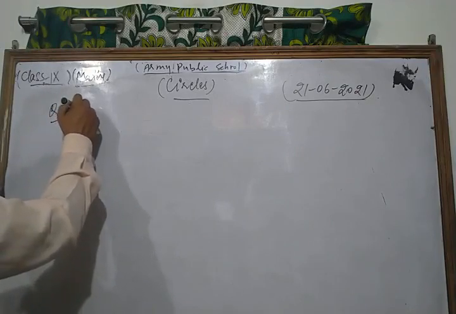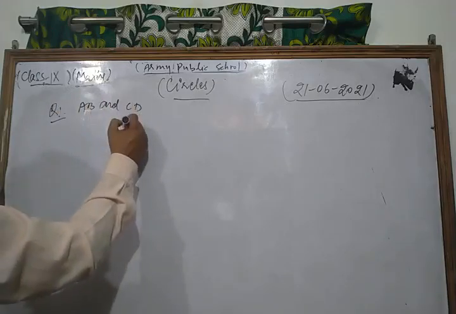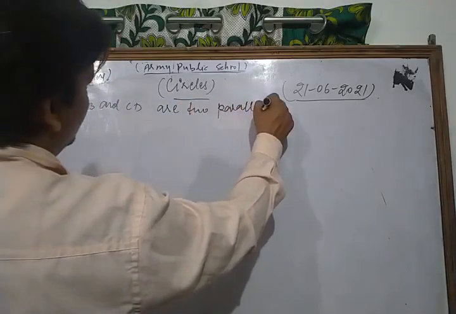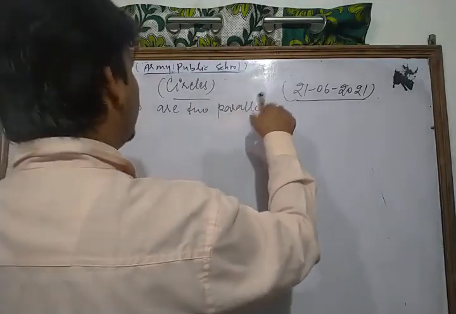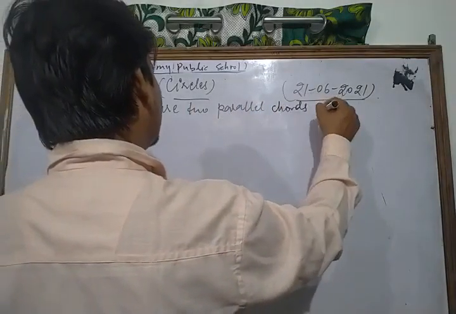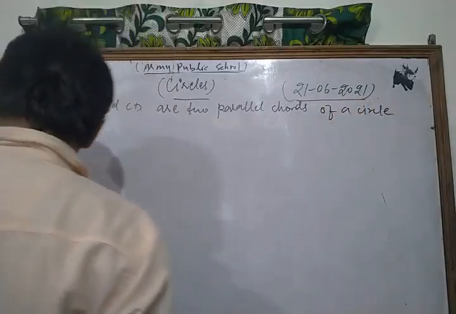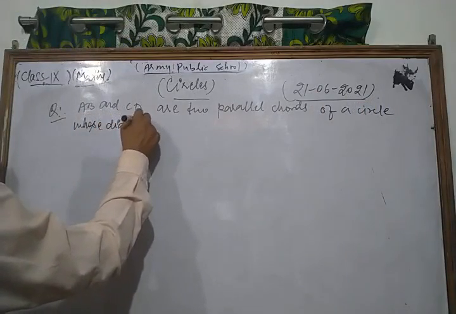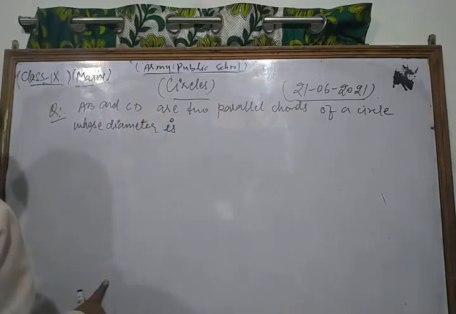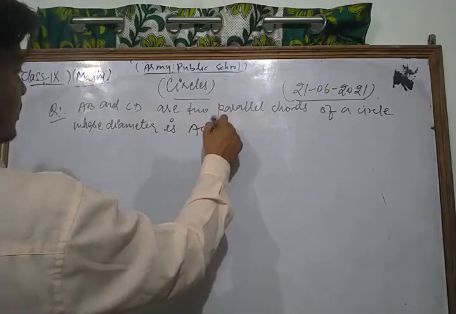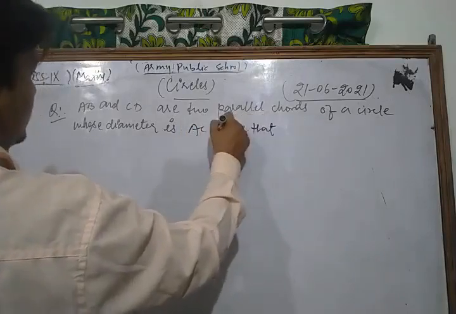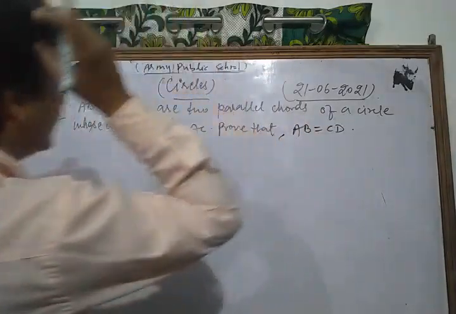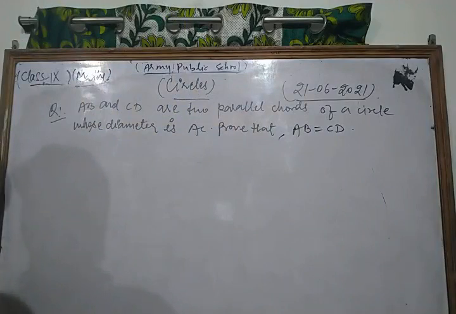Our question is: AB and CD are two parallel chords of a circle whose diameter is AC. Prove that AB is equal to CD.